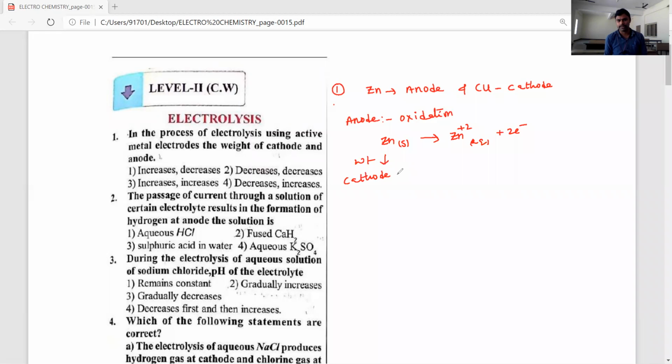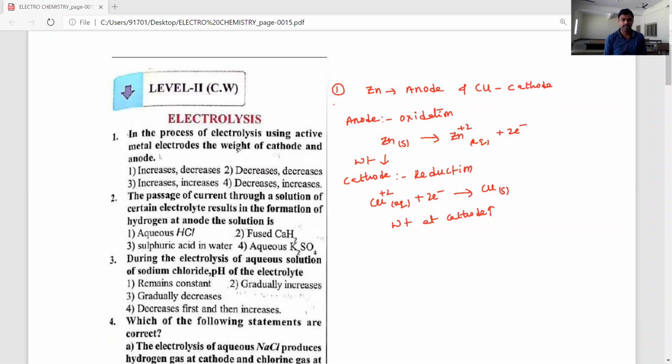At cathode what happens? Reduction takes place. The reduction means copper 2+ aqueous accepting 2 electrons is converted into copper solid. Means the weight at cathode increases.